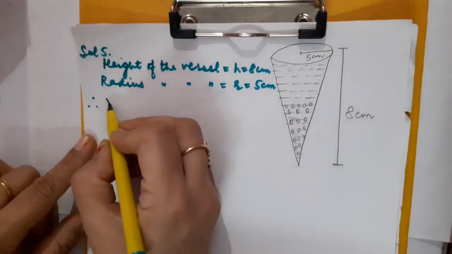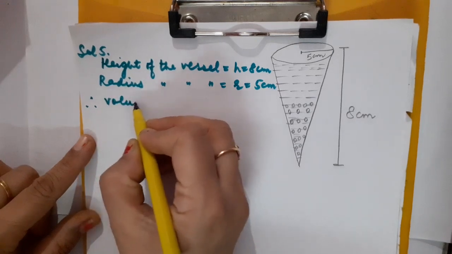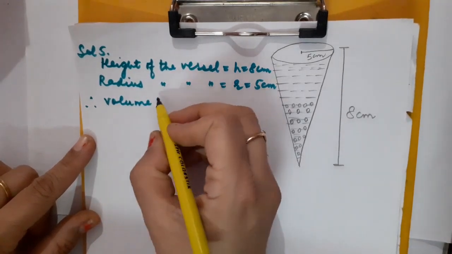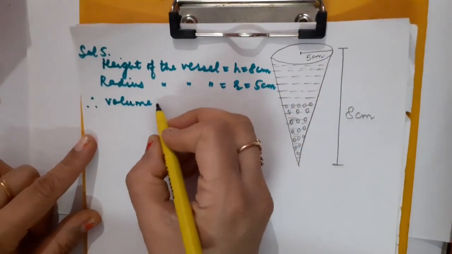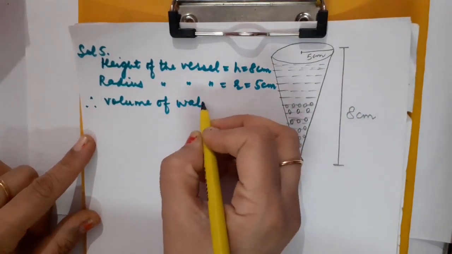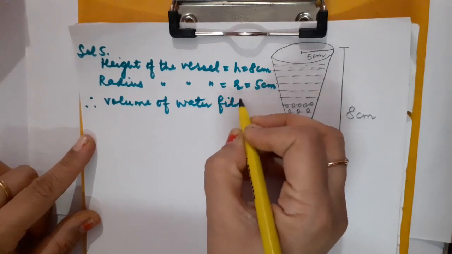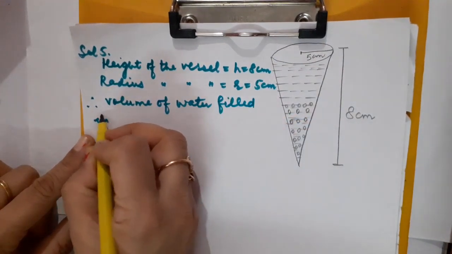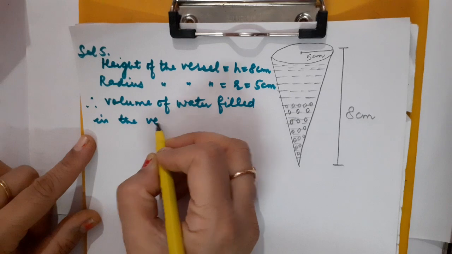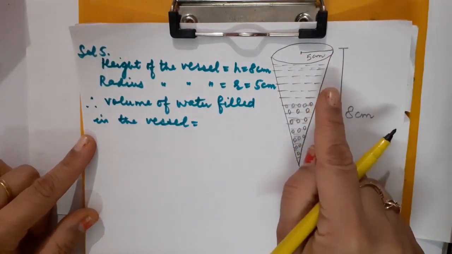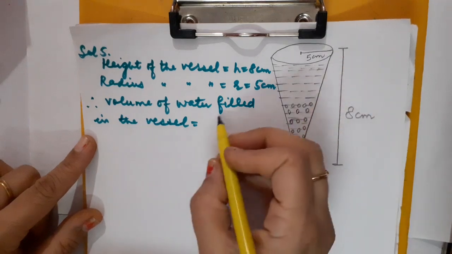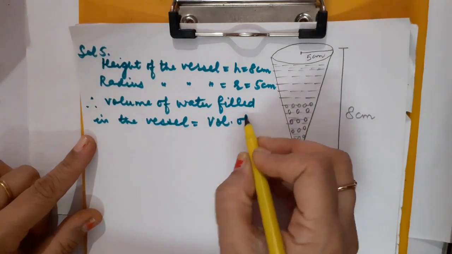So volume of water filled in the vessel, that must be equal to the volume of inverted cone. What is the shape of the vessel? That is inverted cone, right? So that must be equal to volume of cone.